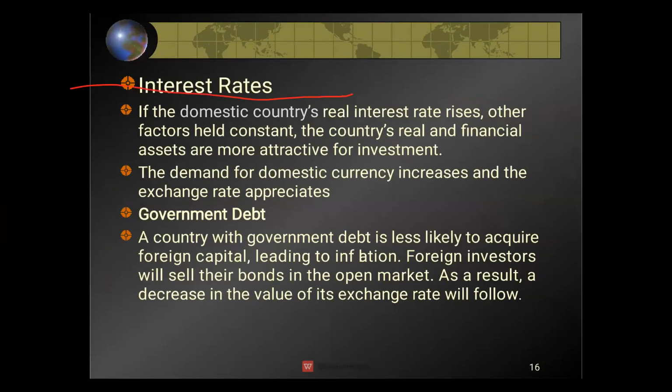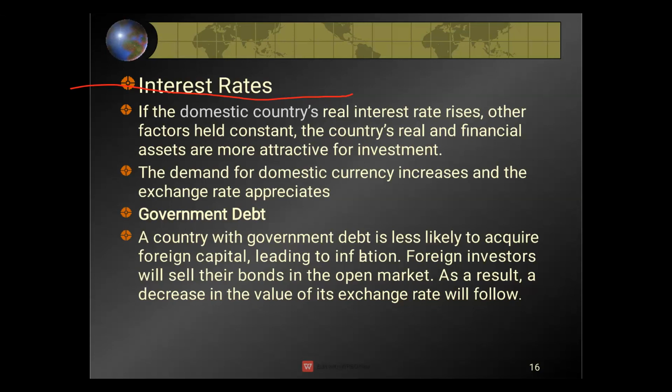What about interest? Now, if the domestic country's real interest rate rises, other factors held constant, ceteris paribus, then the country's real and financial assets are more attractive for investment. Our assets become more attractive. People would want to invest because of higher interest rates, because they will get a lot of return.